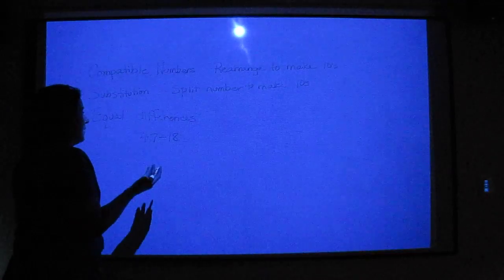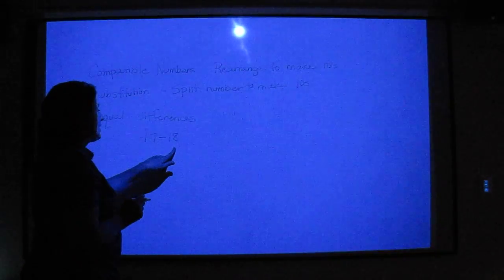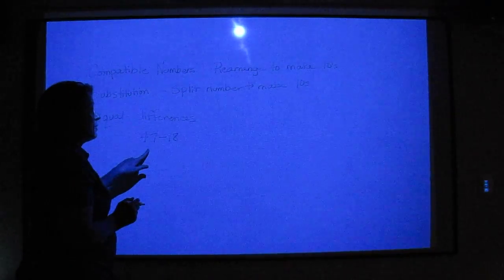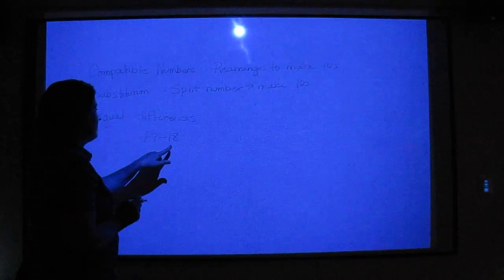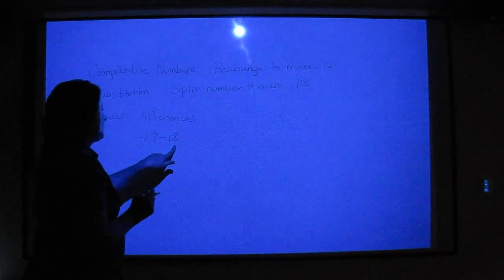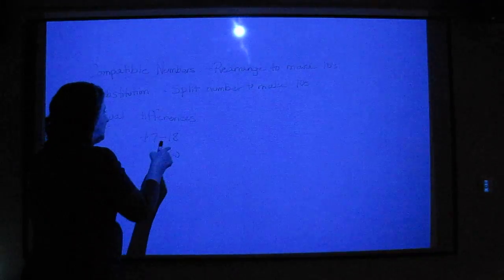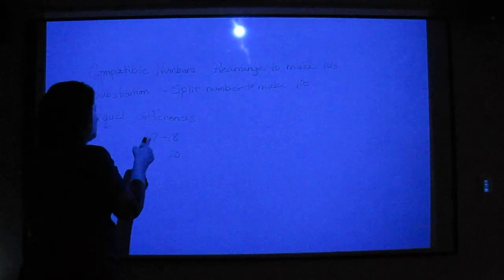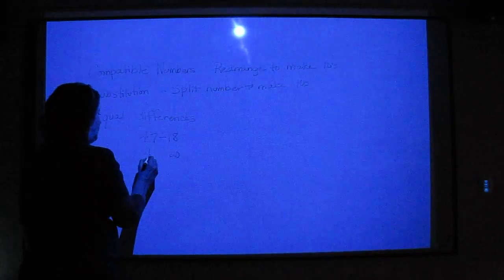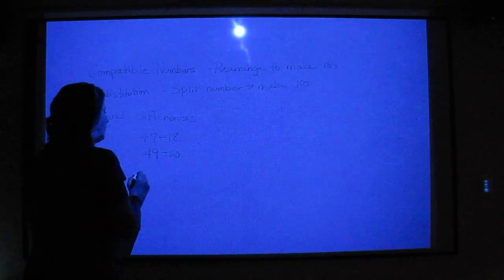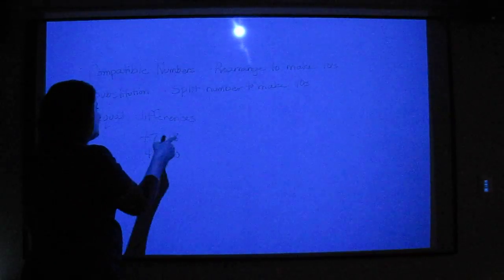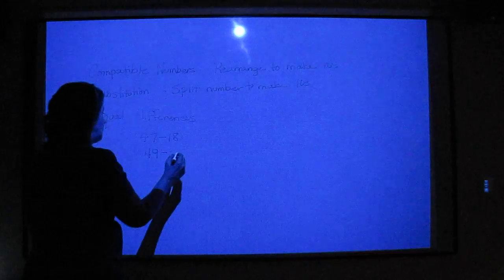And again, my goal is to make tens. So I could do a couple things. It's usually easier to subtract a 10 than to subtract from a 10. So my first choice would be to make this one into a 10. If I make this into 20, I added 2, which means I have to do the same thing over here. And so 49 minus 20 is the same thing as 47 minus 18.